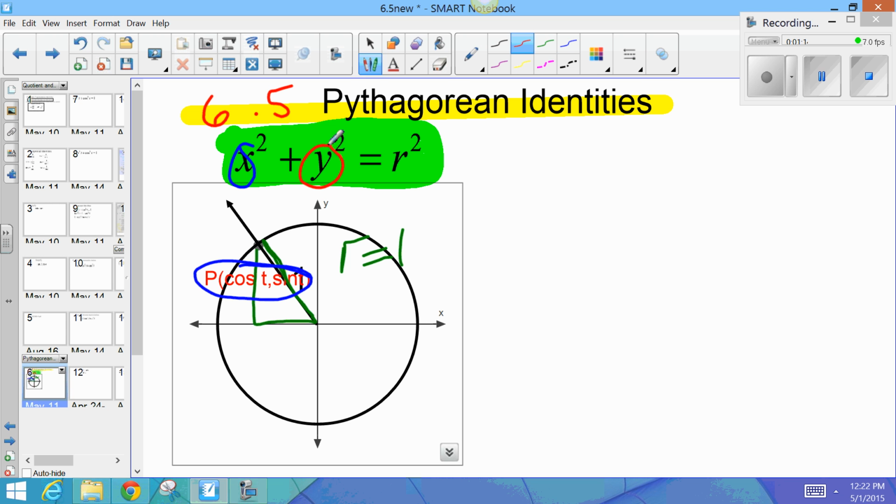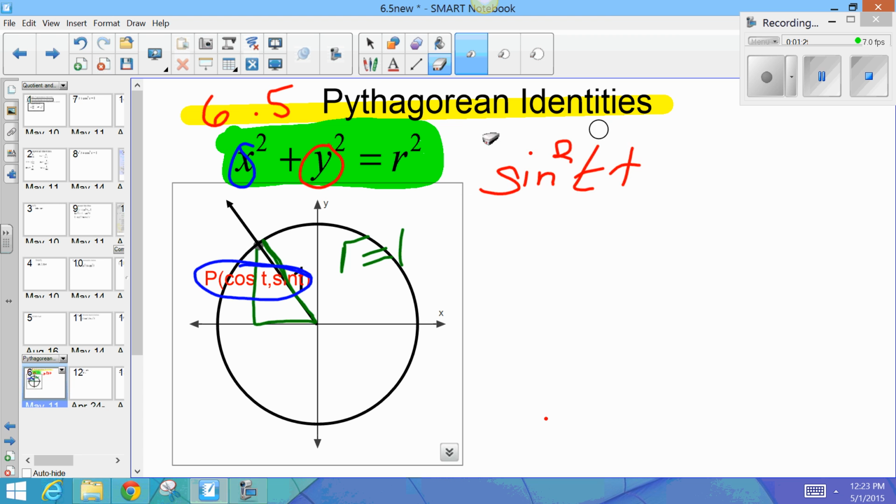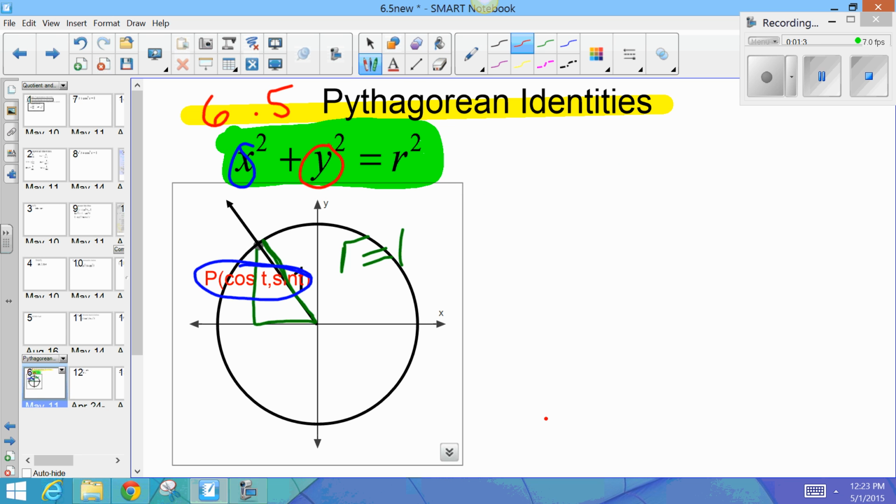And here's what my new expression is going to look like. So I'm going to have the sine squared of t plus, whoops, I got this backwards. Sorry about that. Try again. Because x equals cosine.